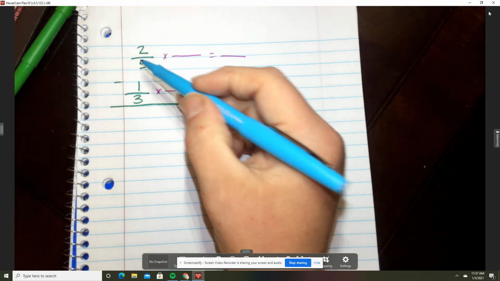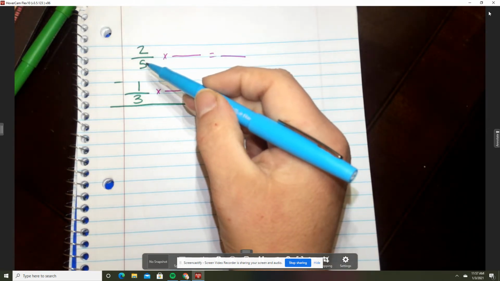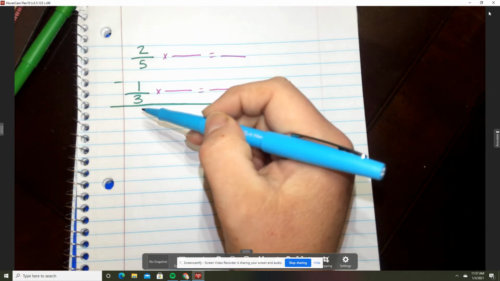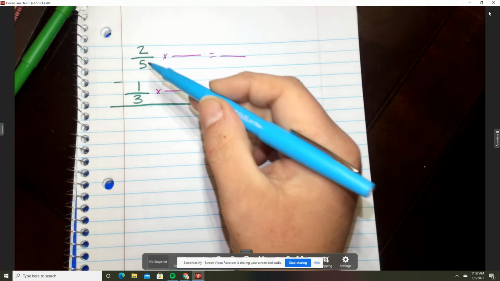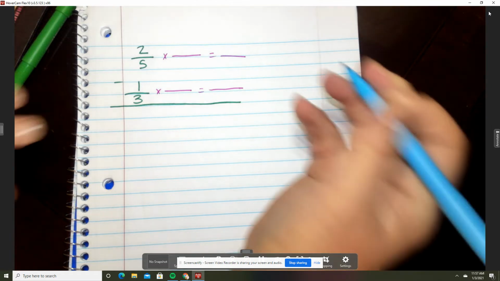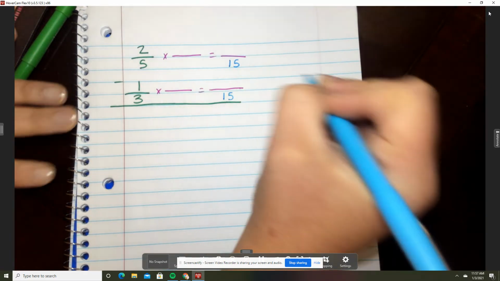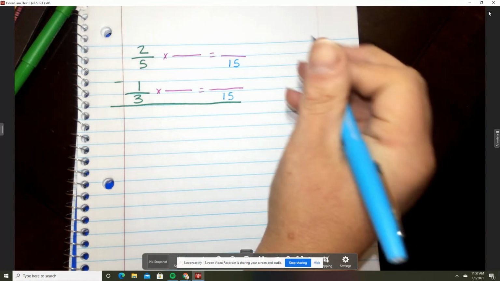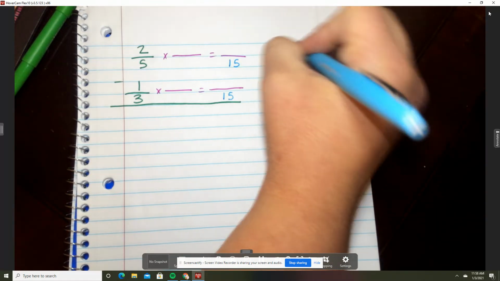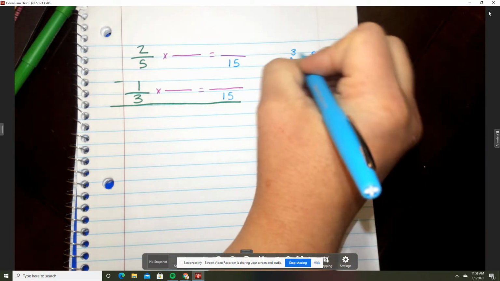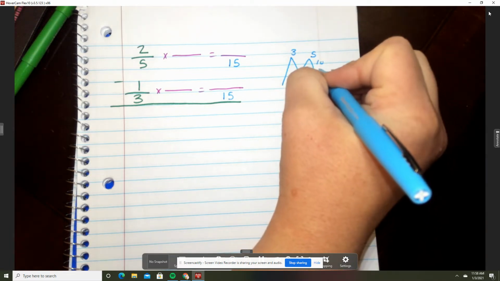All right, looking at 5 and 3. So 3 cannot go into 5, right? We could do an M, but we can also say, well, 3 times 5 would be 15. And that could be our new denominator. That's maybe a little easier for some of you guys instead of doing the M, because if we did the M, we would put the 3 and the 5, and we would say 5 times 2 is 10, 5 times 3 is 15.